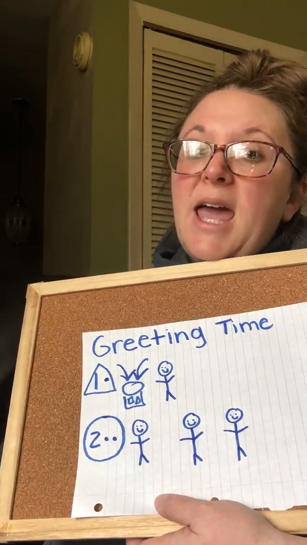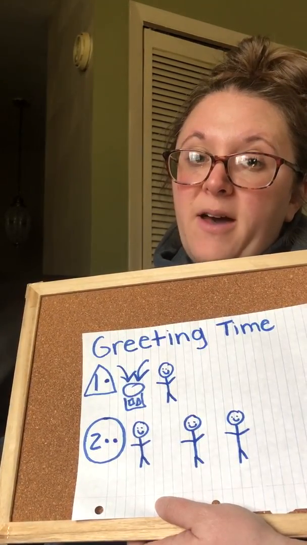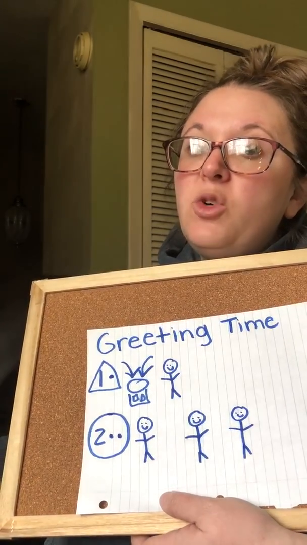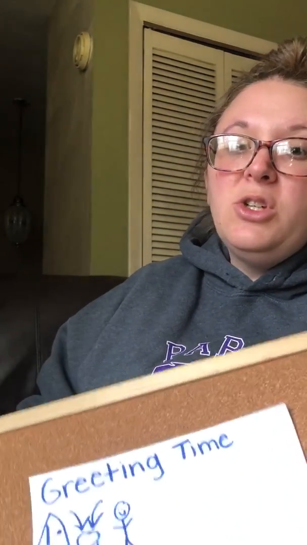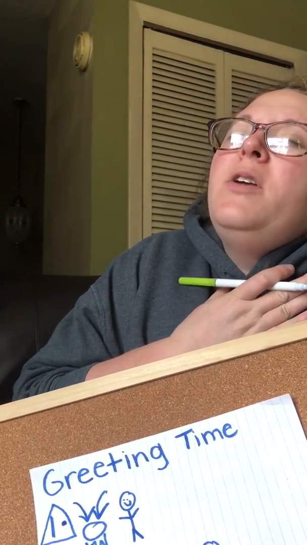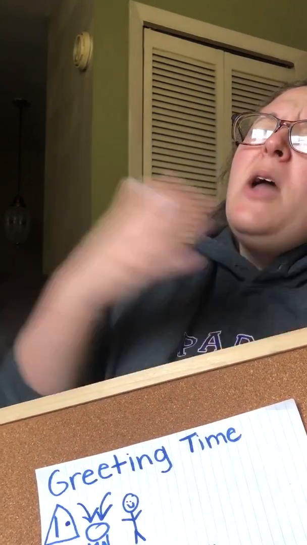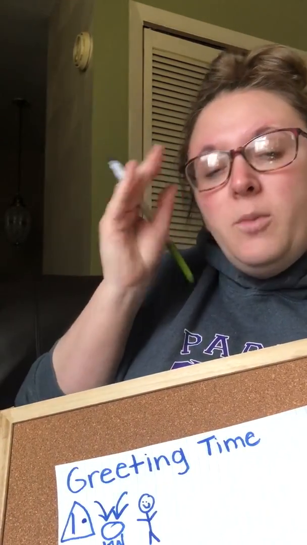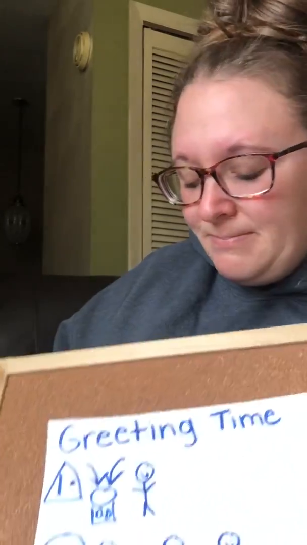And what do we say when our friends aren't there with us? Where do we put their names? On the wish you well board. And we say, I wish you well. So I want you to close your eyes and think and wish all of your friends well this morning. I wish you well, friends, and send that out to them, and they'll be able to feel that.